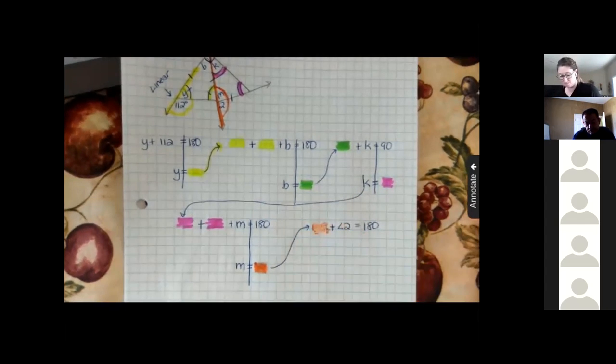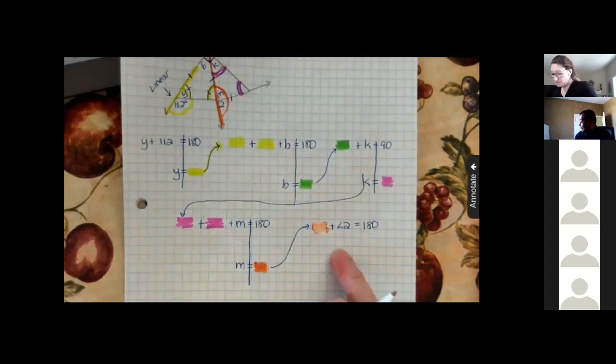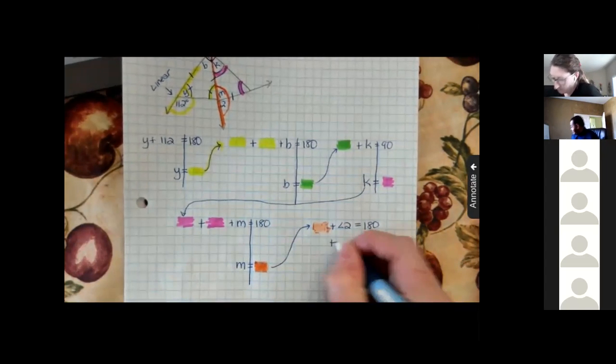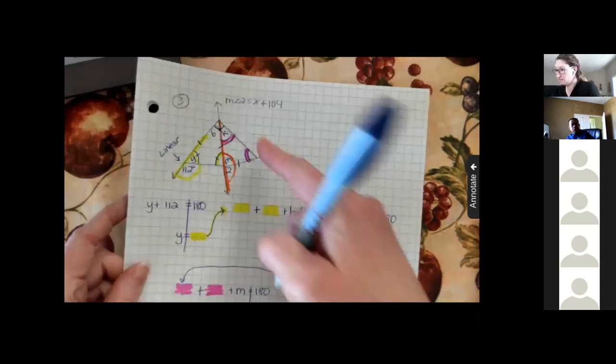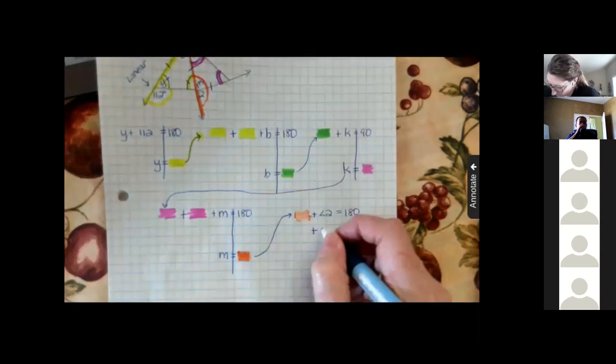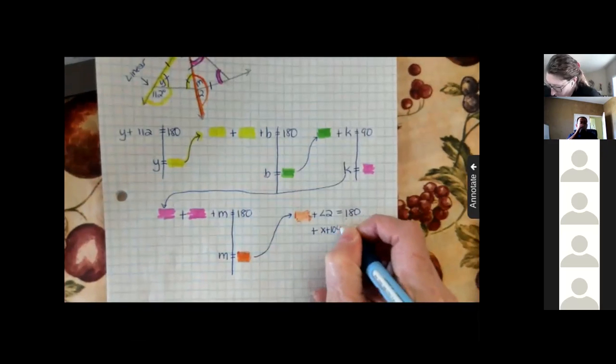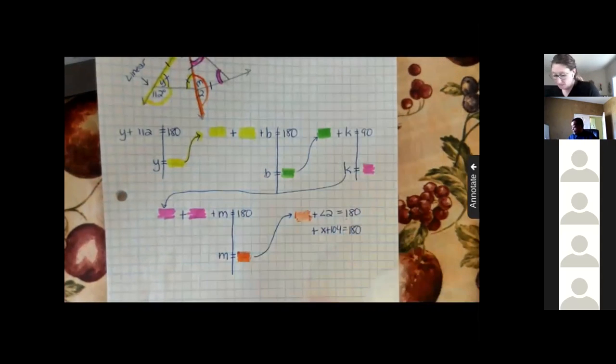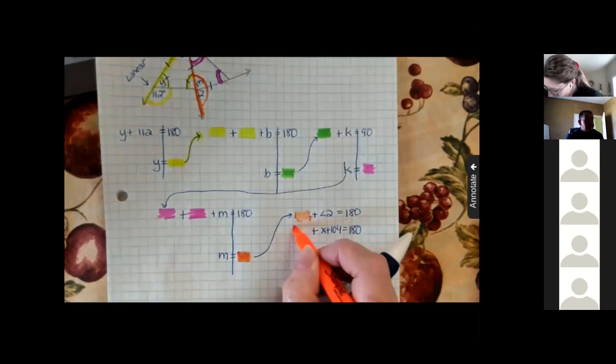Now, we bring down orange, but remember the measure of angle 2 set up here is x plus 104, and we still need whatever this was.